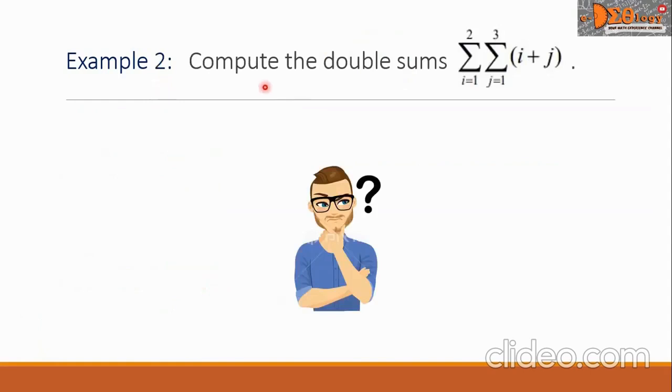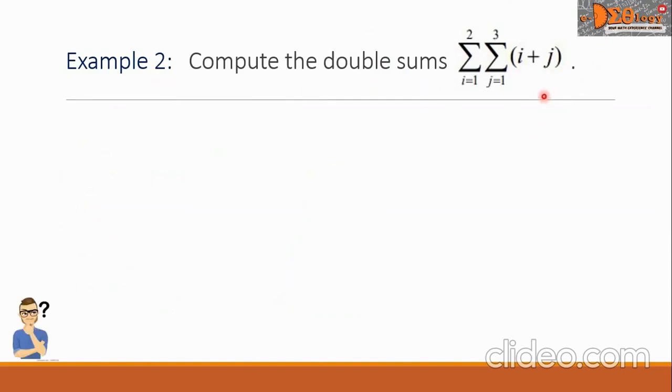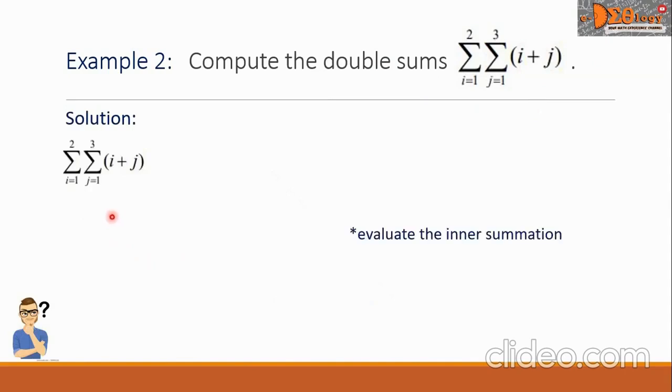Example 2. Compute the double sums. This is our problem now. We copy the double sums here. Then let us evaluate the inner summation. This is the inner summation. We're going to expand this, which means we're going to replace that variable j with numbers from 1 to 3.